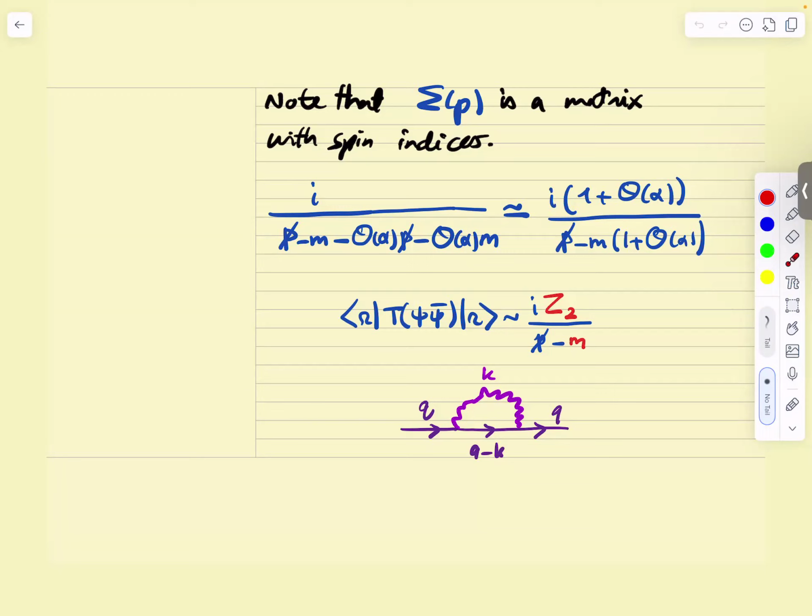Remember, this is to be compared with the photon case. In the case of the photon, there was a Z3, and then q squared. There was no renormalization of mass. The Z3 had something down here, which was pi hat, and I just put it up there.